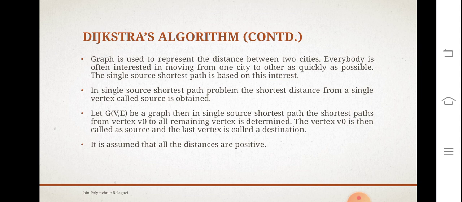Let G(V, E) be a graph; then in a single source shortest path, the shortest path from vertex v0 to all remaining vertices is determined. The vertex v0 is called the source, and the last vertex is called the destination. It is assumed that all the distances are positive.